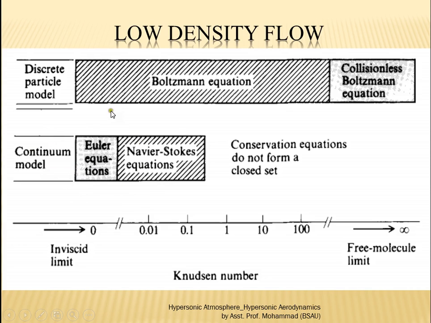So in that case, despite the Boltzmann equations and all these things being applicable, we go for the continuum model, because there are millions of particles in a very small space. But as they become very rare, and we start losing the applicability of this continuum model, we switch to a discrete particle model, where the kinetic theory of gases takes importance, and then we analyze this. This is the total summarization for the discrete free molecule, or low density flow, of the hypersonic regime.